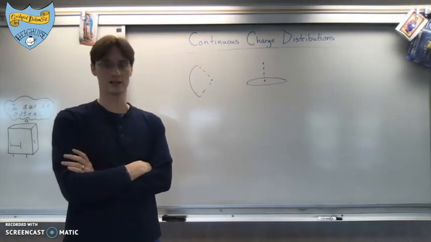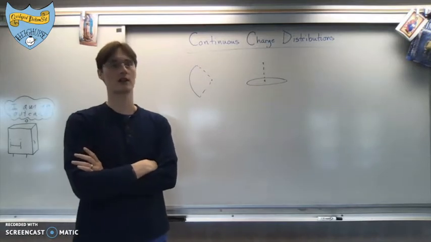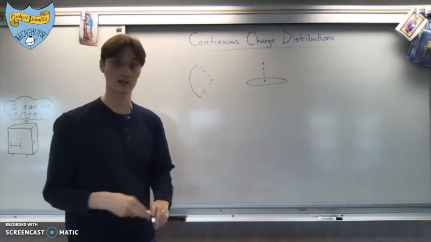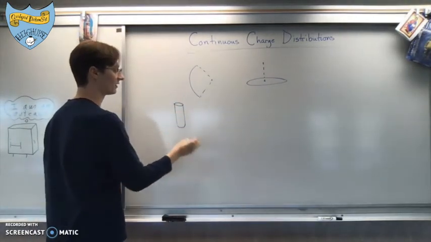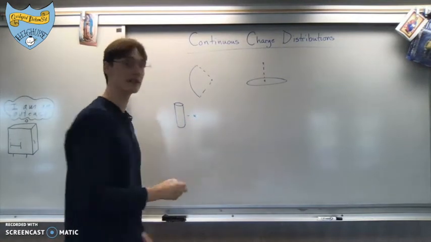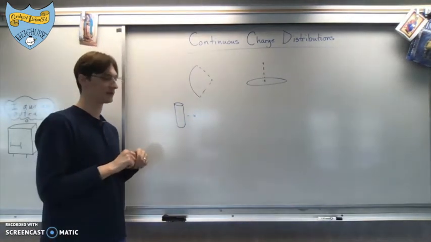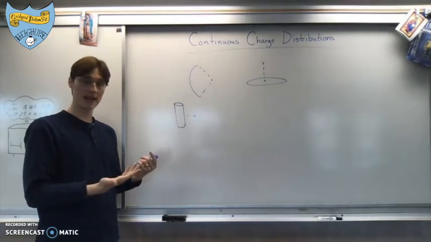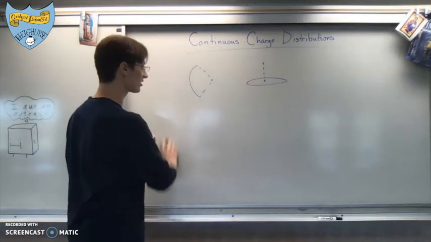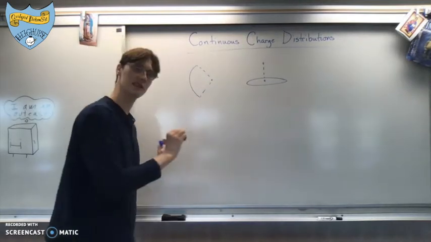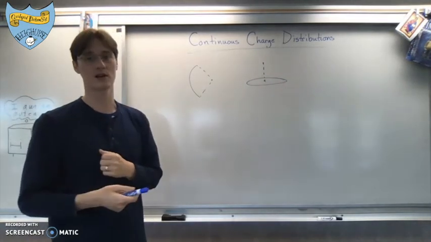using integral calculus. All right, there are other types of charge distributions where you can use, say, Gauss's law. So, for example, if it's a solid cylinder and you want to find the electric field somewhere reasonably close, you use Gauss's law for that. If you wanted to find the electric field for a plane, again, that's a Gauss's law problem. But these shapes aren't sufficiently symmetrical that you're even allowed to use Gauss's law for them.